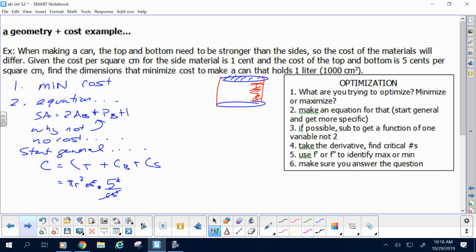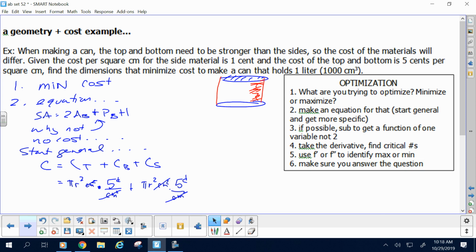Will that then give me cost? Yes, beautiful, all right? The bottom is the same, yeah? Pi r squared, centimeter squared, times 5 cents per square centimeter. Centimeter squared drops out, I get cents. Beautiful. What about the cost of the side?